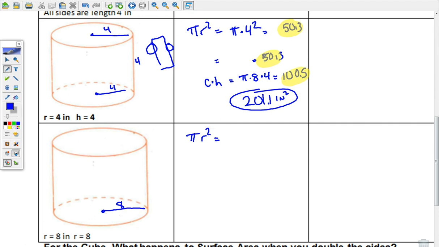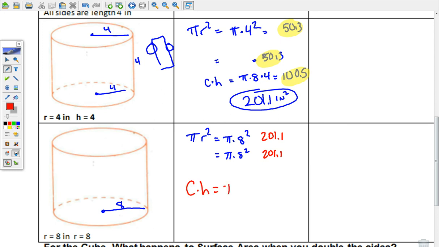Pi r squared, which is pi times 8 squared. And we have 2 of those. 2 circles, top and bottom. So what we'll do is plug that into the calculator. Pi times 8 squared. We get 201.1 for both of those. And then when we do this rectangle, we do circumference times height.